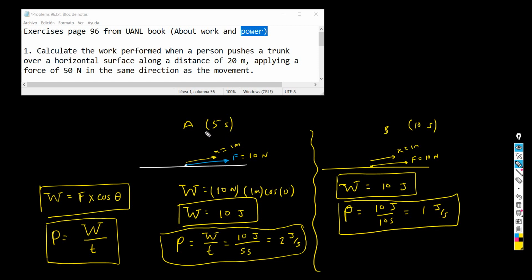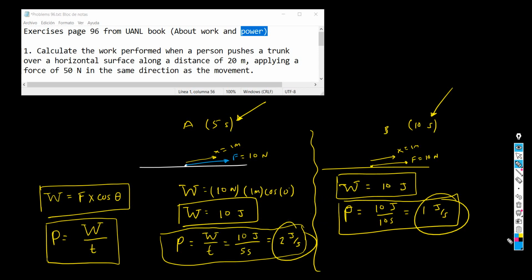In this case, person A does work faster because both people are doing the same work, but this person is faster, right? Because he's doing it in 5 seconds, and this other person is doing the same work over a longer period. So that's why his power is less than the power developed by person A. So that's the idea behind power.